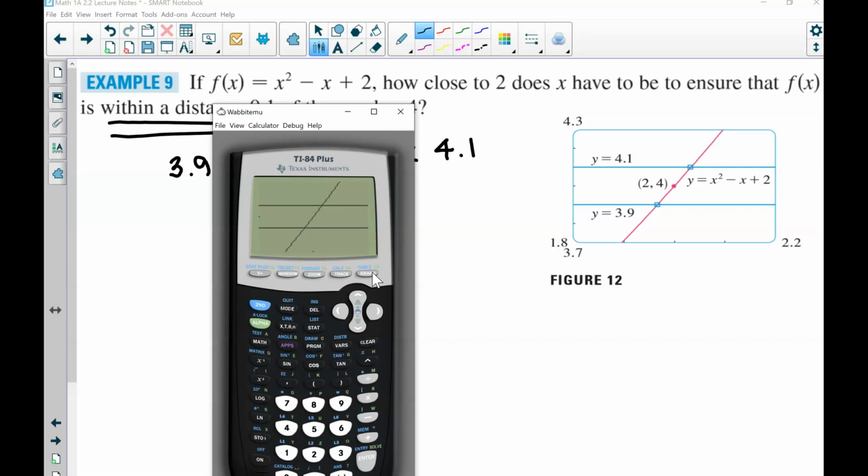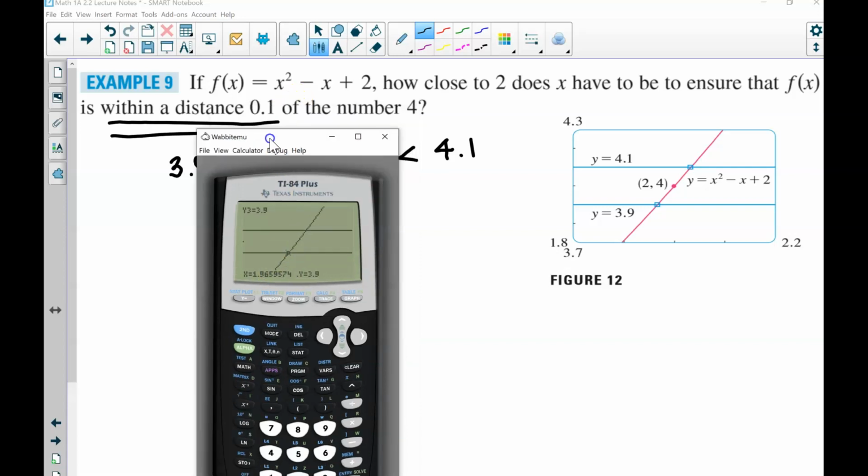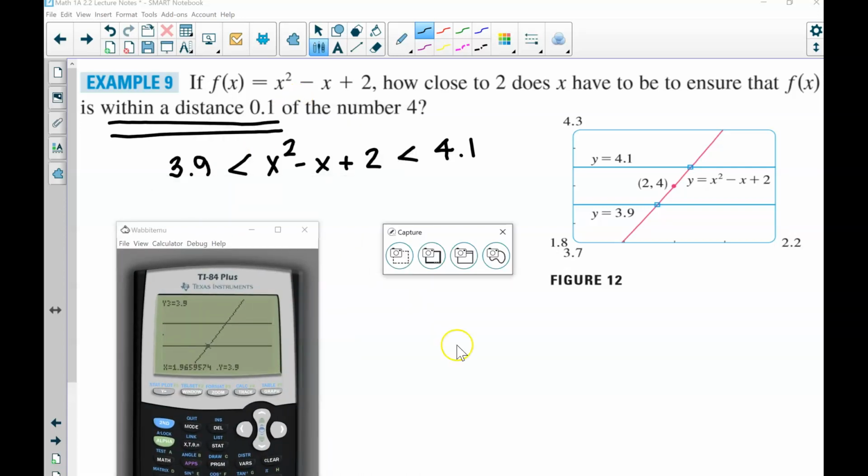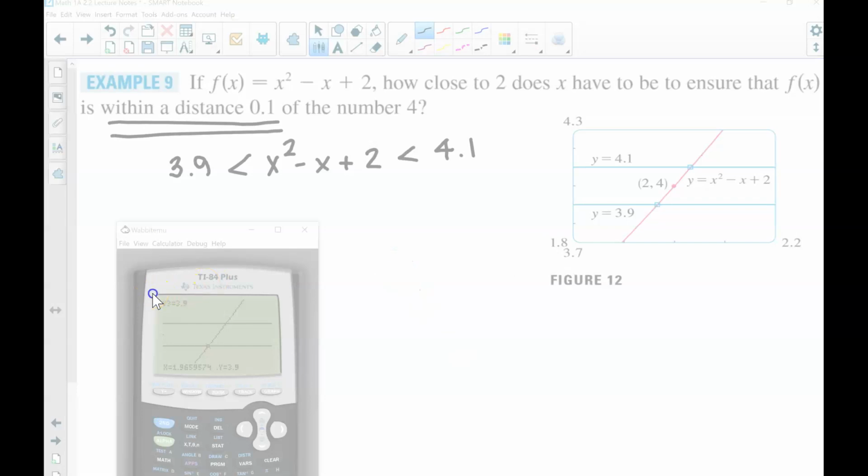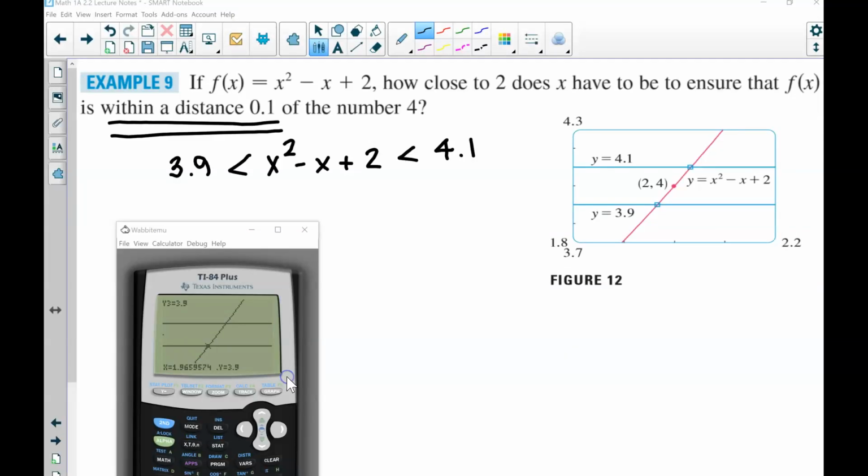Now we're going to hit the trace button. What happens at the value of 3.9, what is the value for x? Well, we can see that, and I'll copy that here by using our trace button.